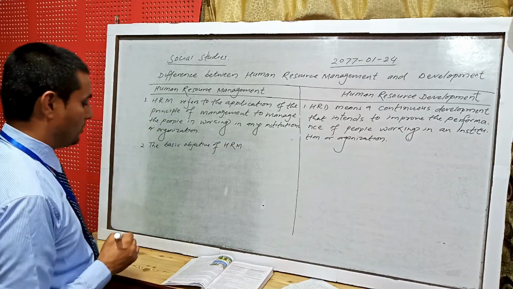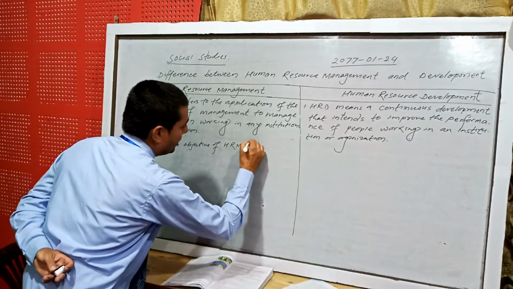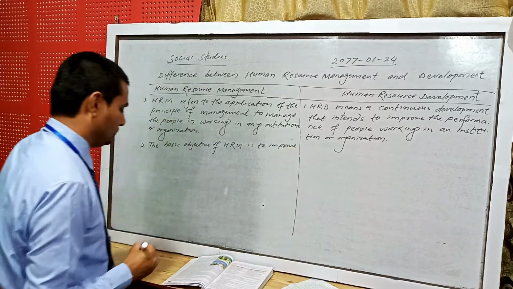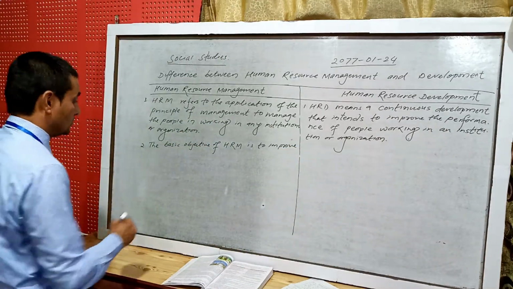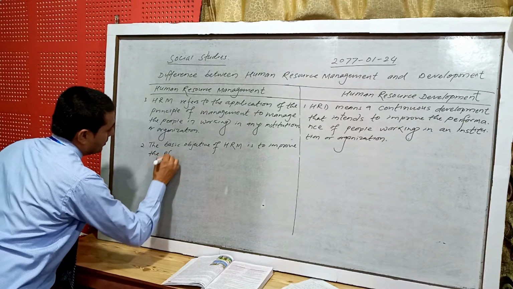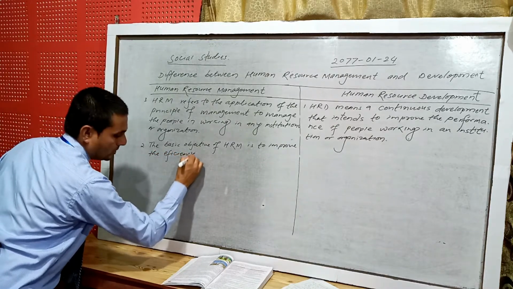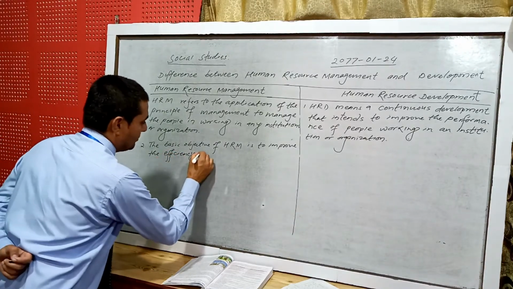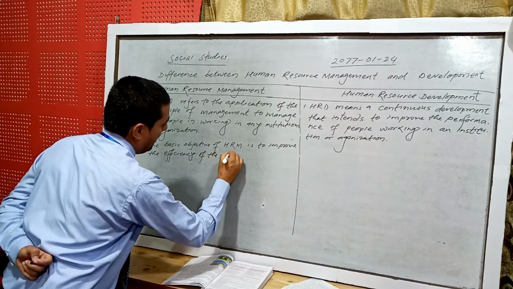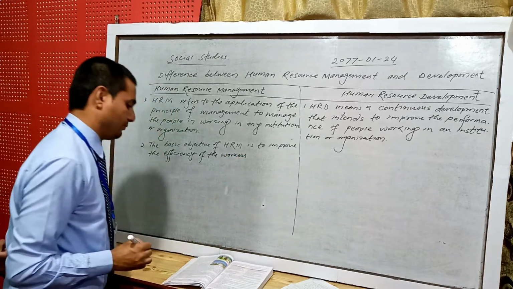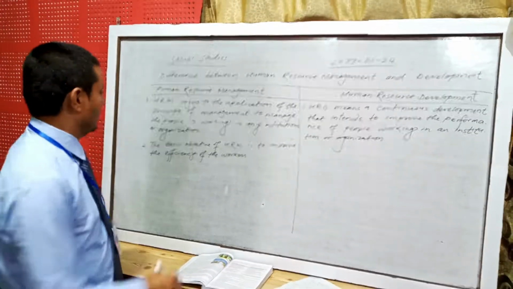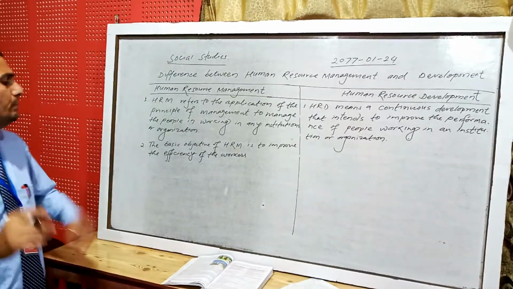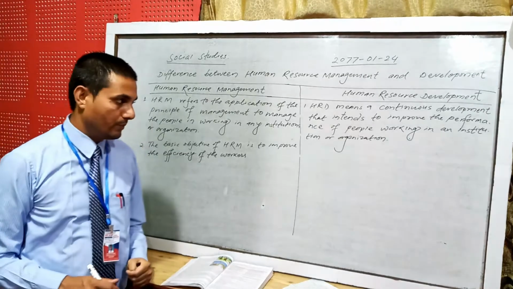The basic objective of human resource management is to improve the efficiency of the workers or employees.